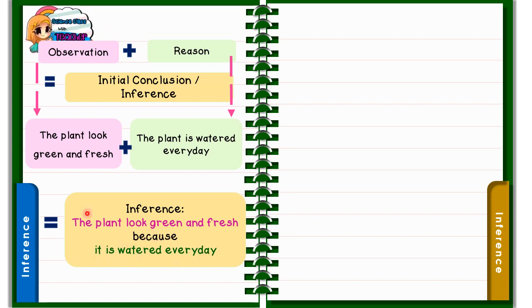The plant look green and fresh is the observation, and it is watered every day is the reason. What you need to do is you add because in the middle, so it becomes inference.